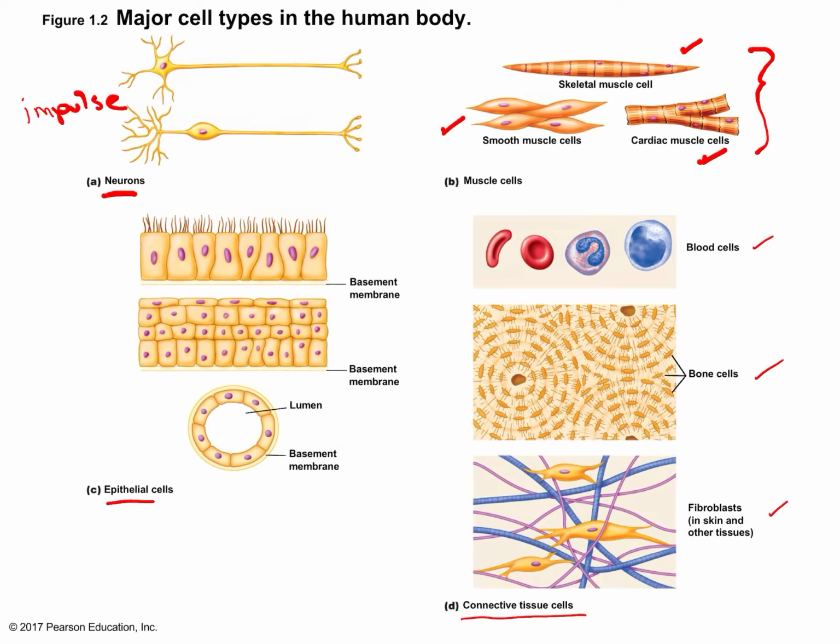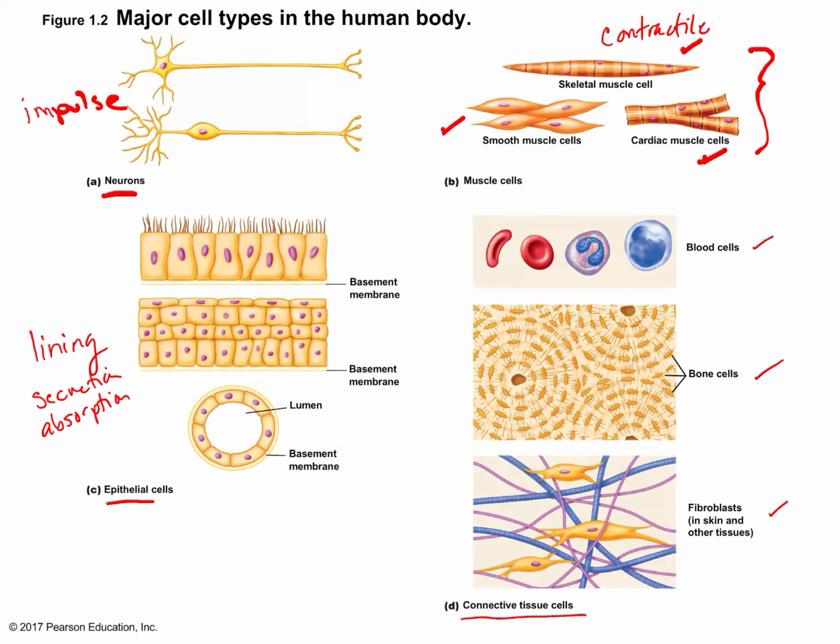The epithelial tissues are a lining of the body. And so they're going to be very involved in secretion of substances, absorption of substances, okay? And then your muscles, these are contractile tissues or contractile cells.